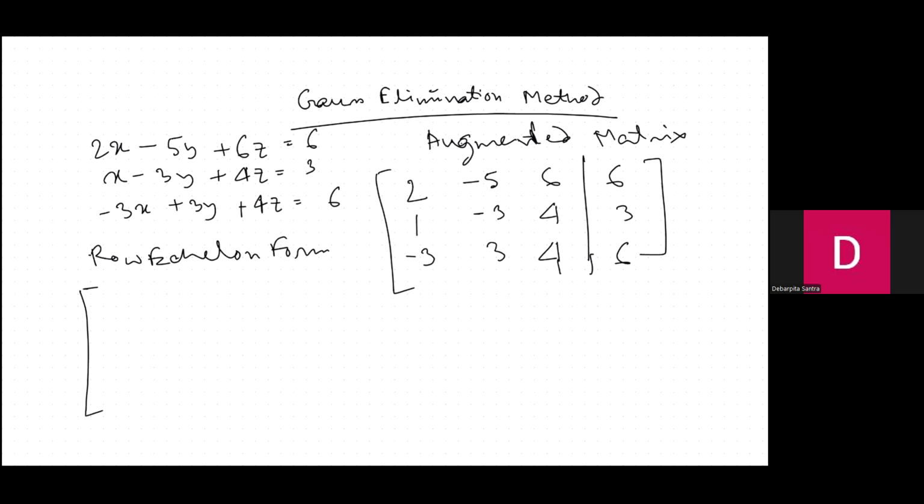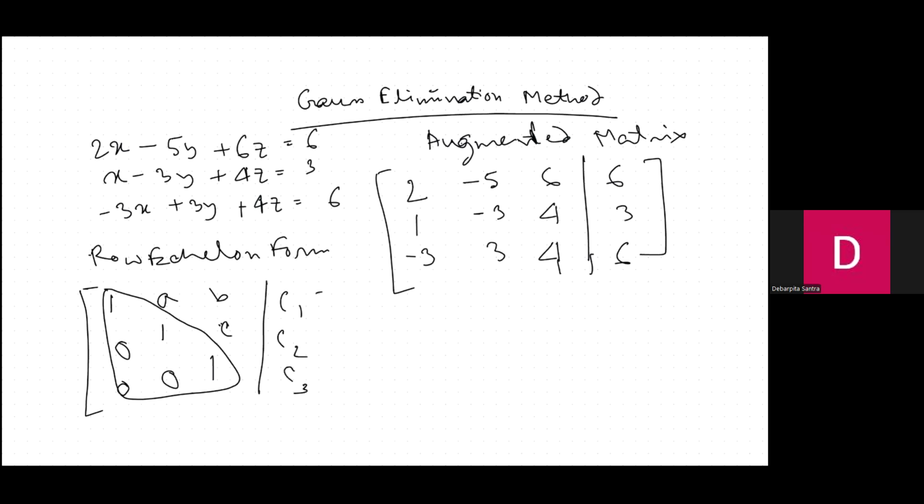That is a kind of upper triangular matrix where the diagonal elements will be 1, the elements below will be 0, and the elements above can be anything, any non-zero value or zero value. That is immaterial. But the diagonal and below should be our focus area. On the right hand side, that also can be anything. Okay, so that is our row echelon form.